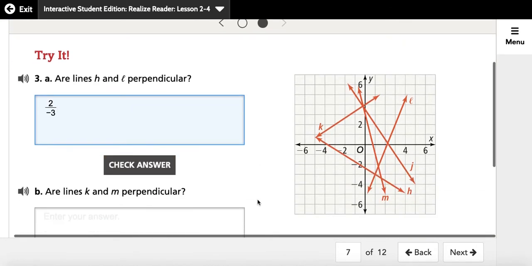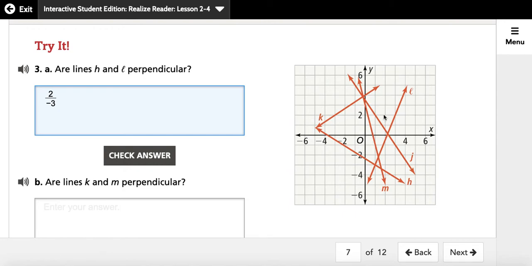Now let me look for L. L goes through this point right here. The next point I can find way down here. I'm going to start at this point, and I'm going to go up 1, 2, 3, 4, 5, and over 2.